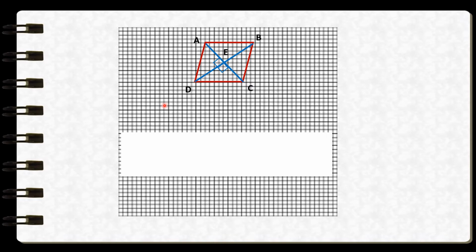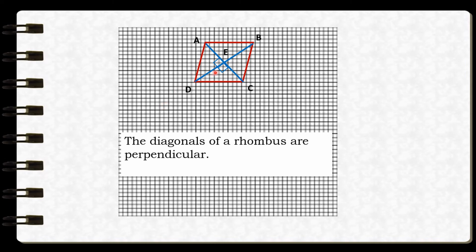What do you notice with the two angles? Actually, these two angles are right angles because the diagonals of a rhombus are perpendicular with each other. Meaning to say, segment AC here is perpendicular to segment BD.